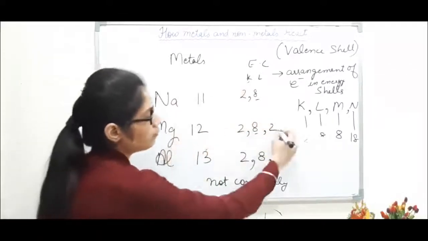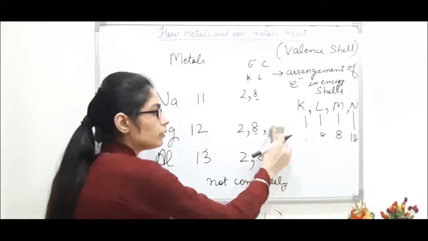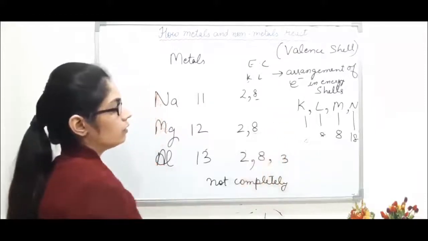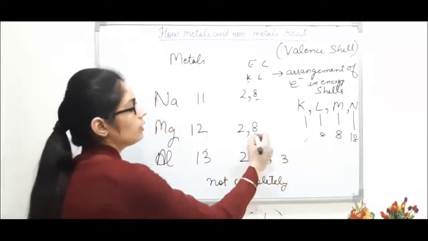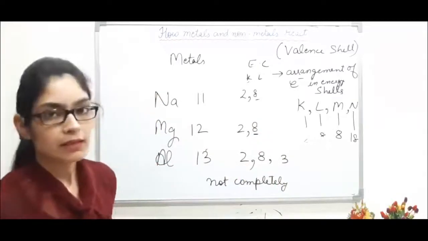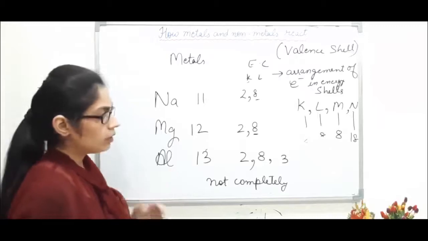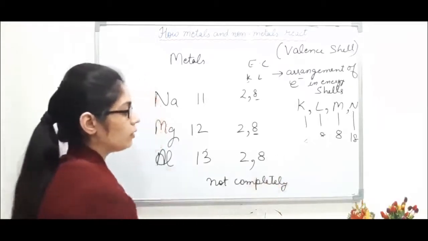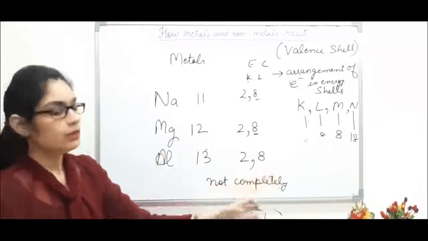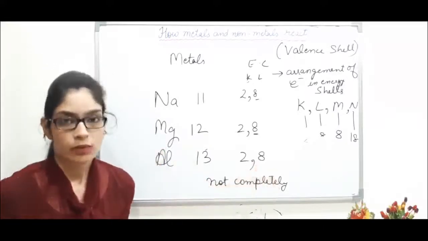Now magnesium, if it loses 2 electrons, now this is the outermost shell. So after losing 2 electrons, it has attained noble gas configuration. Same goes here also in case of aluminium. If aluminium loses 3 electrons, now this is the outermost shell, and in outermost shell 8 electrons are there.